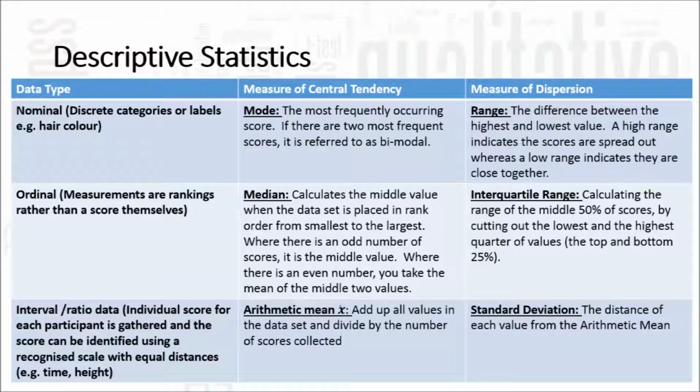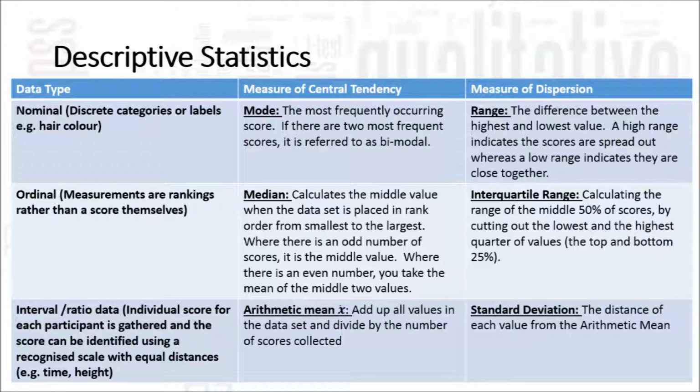So for instance, if you're using categorical data, say for instance hair colour, those types of things, where there's a label, you would use mode and range. If it's ordinal data, so for instance what we're doing now in terms of rankings, you would use median and interquartile range.